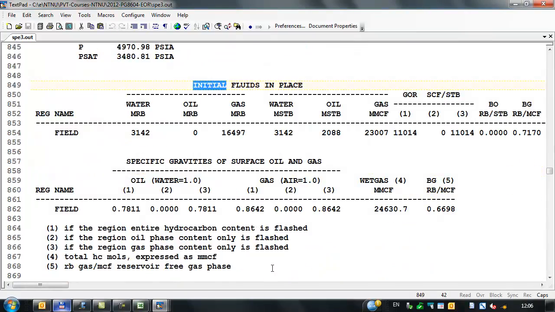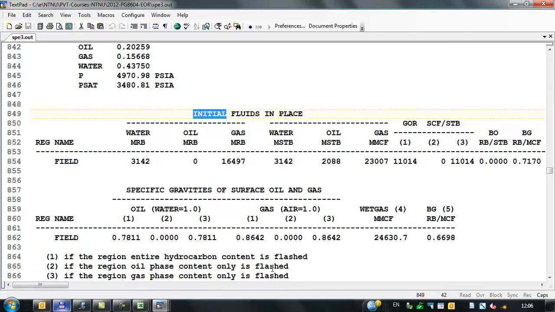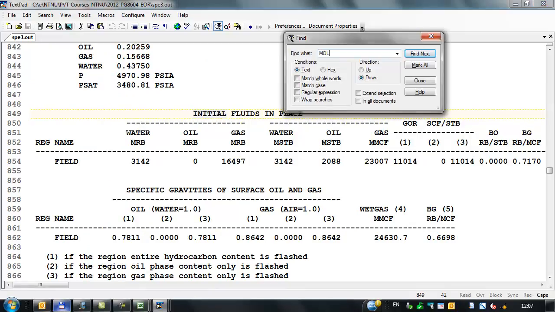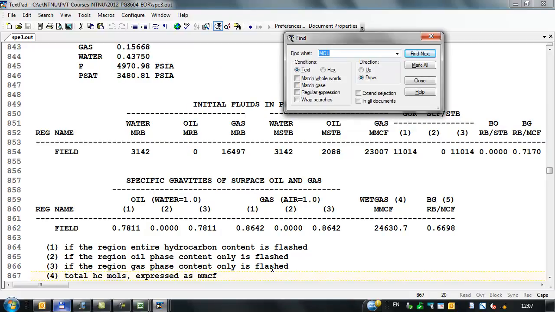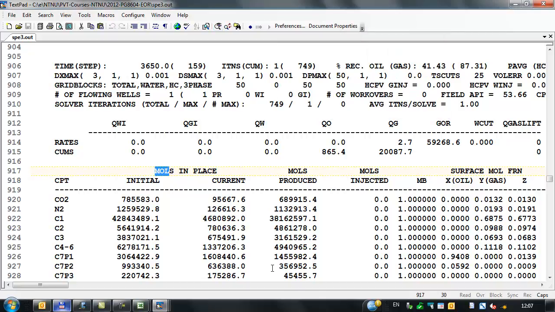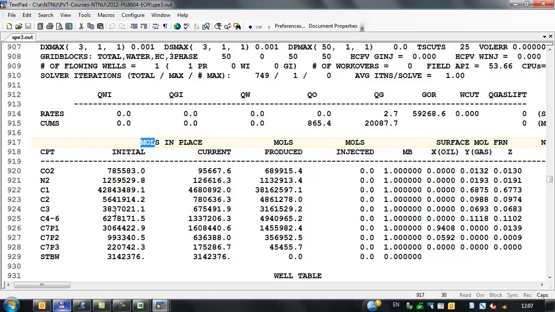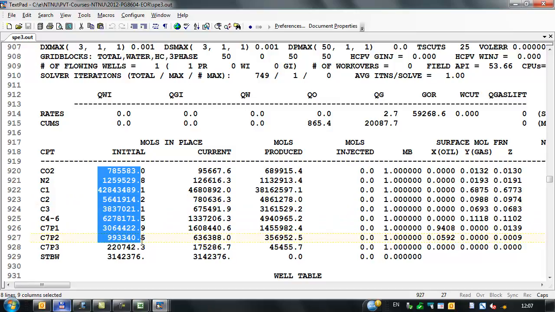Does it give moles somewhere? Okay, initial moles in place. Take all those together. Should that be right?